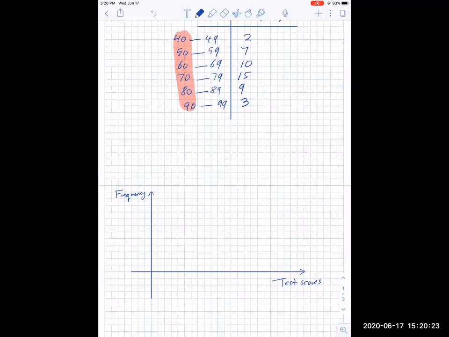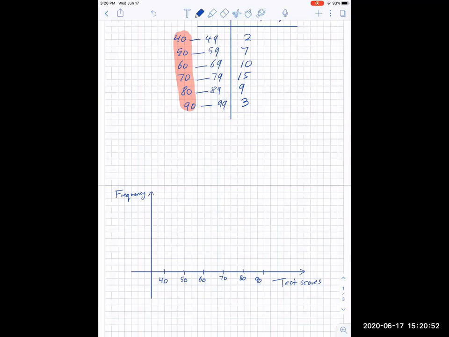Okay, so here we have, let's say, start here with, because the lower limit is 40, first one, 50, and make them equally spaced, 70, 80, 90.